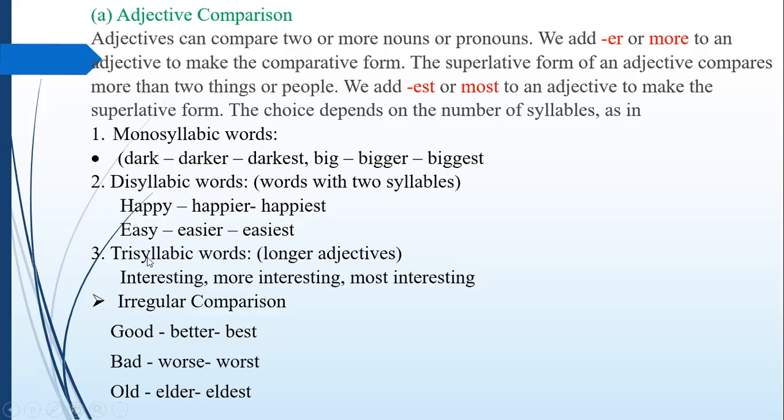Trisyllabic words: if we have longer adjectives, more than two syllables in the word, we have to insert more for comparative, most for superlative. Look at the words here. Interesting, more interesting, most interesting. Imagine if you add ER to this adjective: interestingier, interestingest.